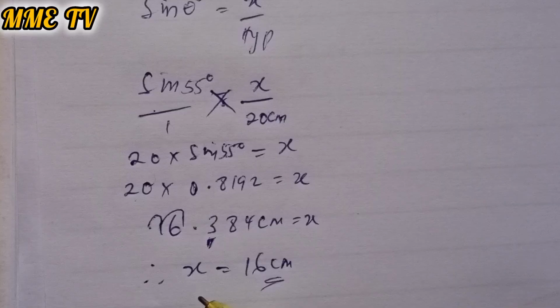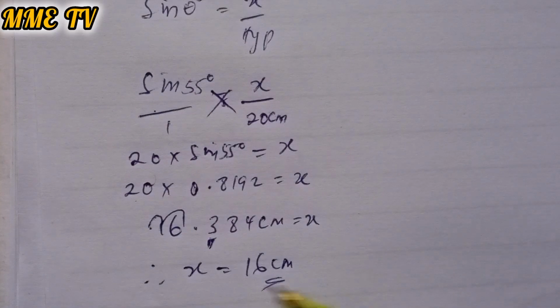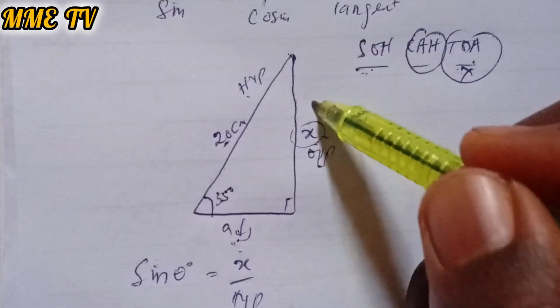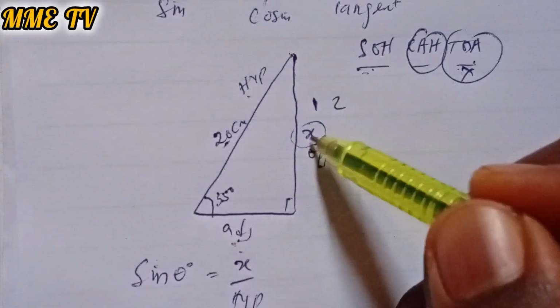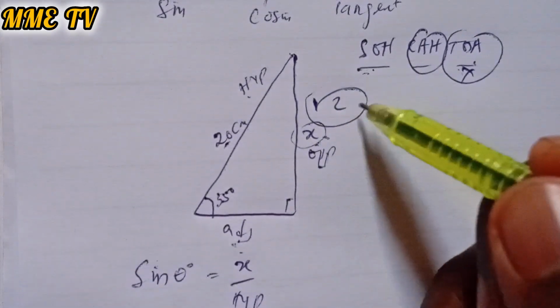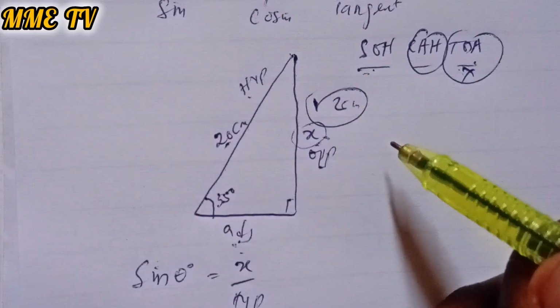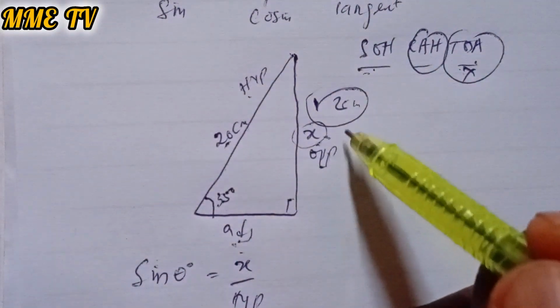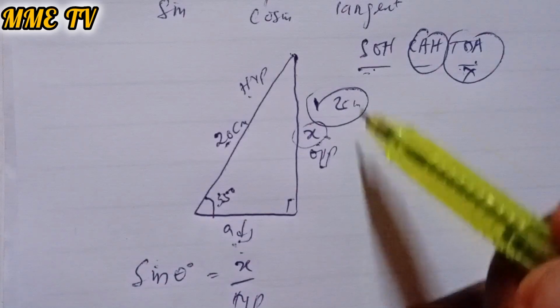Now that the value of x is equal to 16 cm, what do I do now? I'll come to this point and then replace this x with 16 cm.